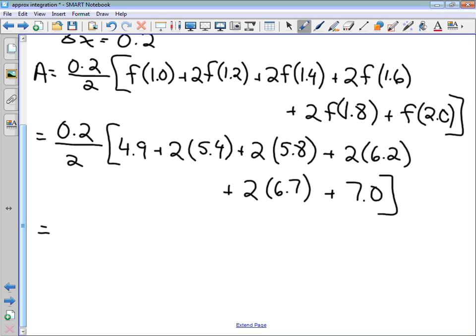Okay, and then all of this just goes into our calculator, and I think we end up with an estimate of 6.01. So our estimate for the area under the curve is 6.01.